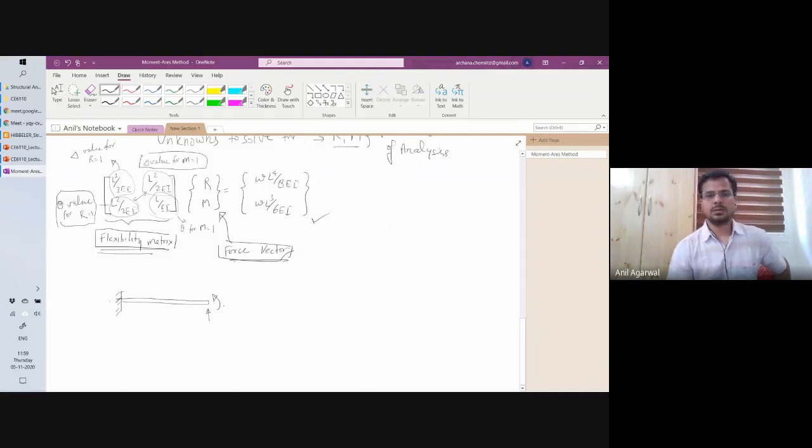One is theta and this is delta, and theta has the same degree of freedom as moment, and delta has the same degree of freedom as R. What it is saying is theta due to R is equal to 1 is equal to delta due to M is equal to 1. Now, if you see carefully, one is a theta, one is a delta.